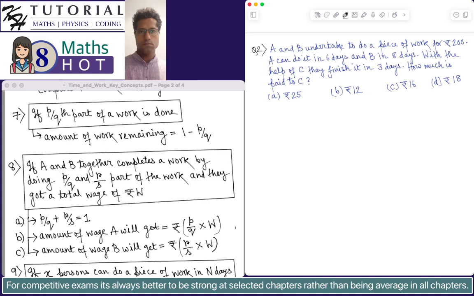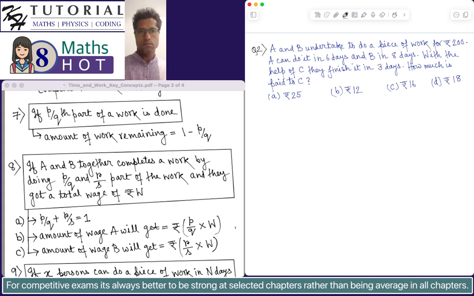So concept 8a says P by Q plus R by S has to be equal to 1. Also, the amount of wage A will receive will be equal to P by Q multiplied by W, where P by Q is the total work done by A in completing the work, and R by S is the total work done by B. So we will apply this concept.